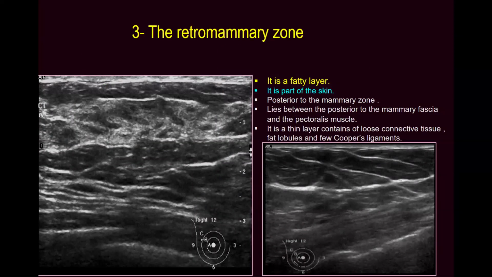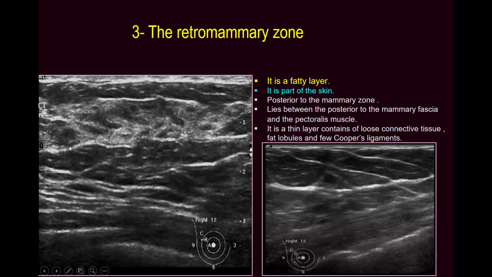Okay, what is the retromammary zone? As we have mentioned before, the retromammary zone is a fatty layer. It is part of the skin, as the pre-mammary zone. It is posterior to the mammary zone, i.e. posterior to the posterior or retromammary fascia.